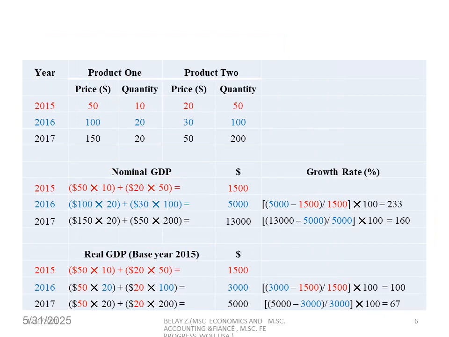The next is how we can calculate growth rates. We have said before, growth rate is calculated by the final products minus the initial product over initial product times 100. Then we see percentage change of the economy or percentage change of our GDP.